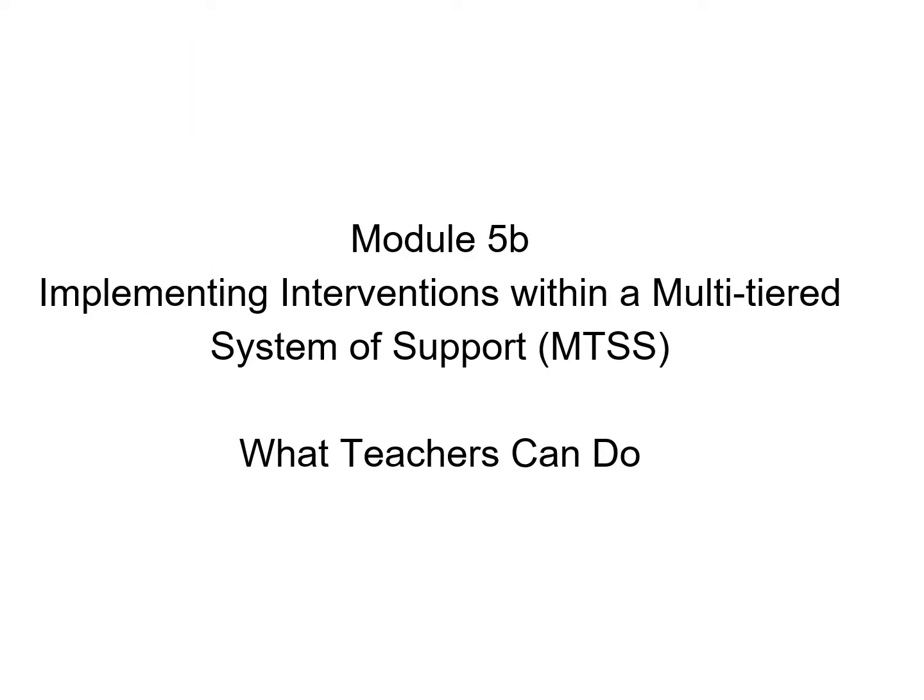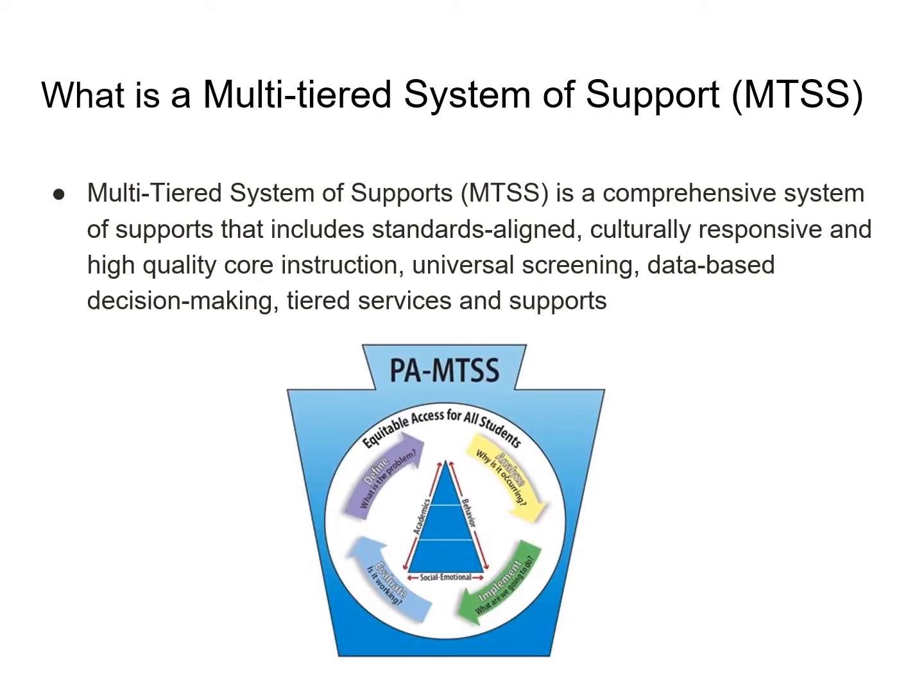The topic of Module 5B is implementing interventions within a multi-tiered system of support, what teachers can do. We will refer to multi-tiered systems of support as MTSS. MTSS is a comprehensive system of support that is implemented school-wide.